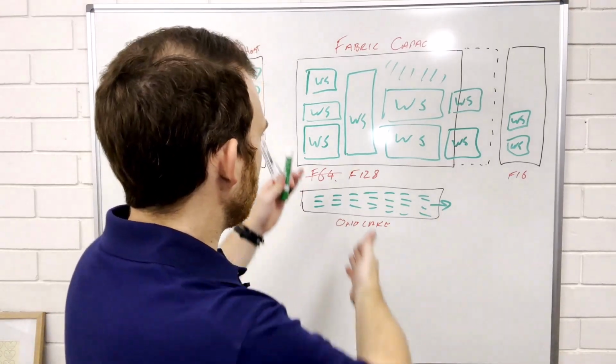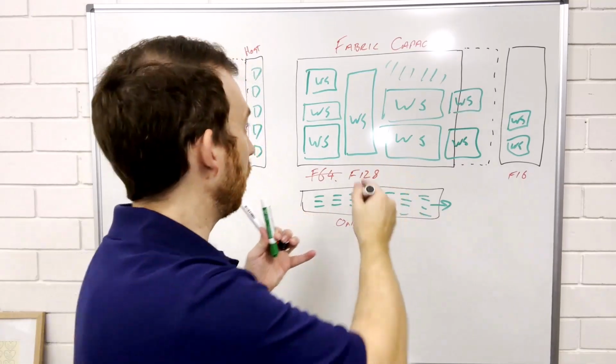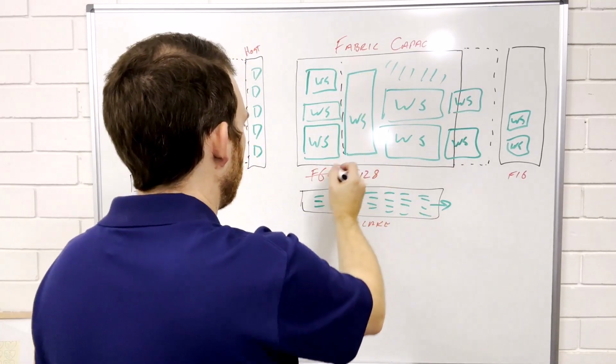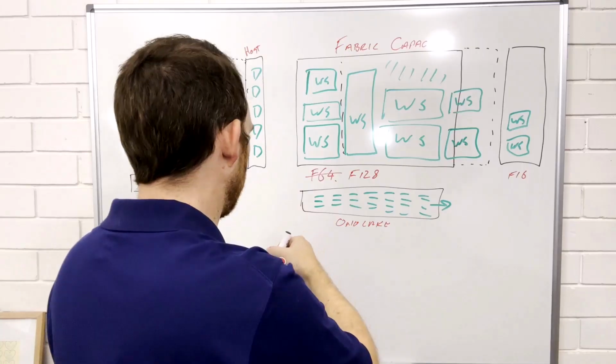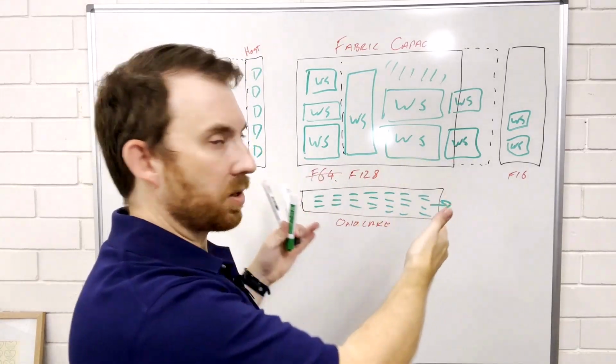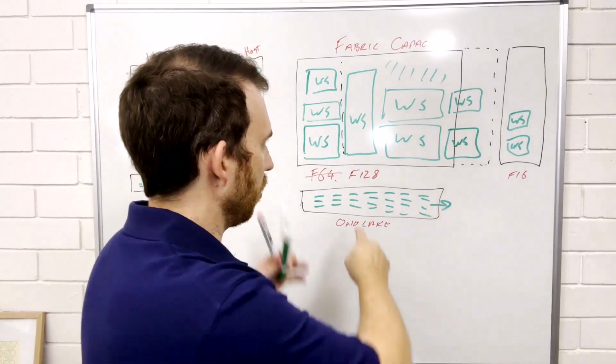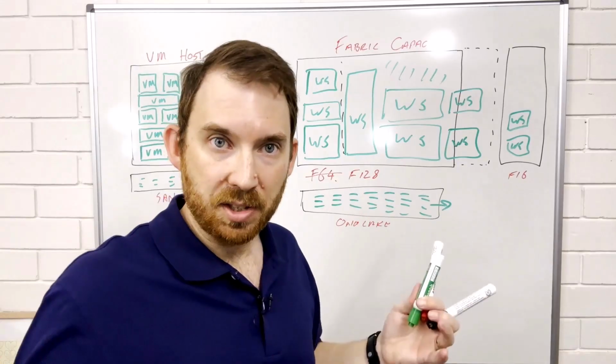And the good news is we could start small. If all we needed was an initial workspace, it was quite a small workload, start with a smaller one, like say an F16, all right? And then build that out based on the features and capabilities you need. You don't have to go to a big monolithic capacity right away.